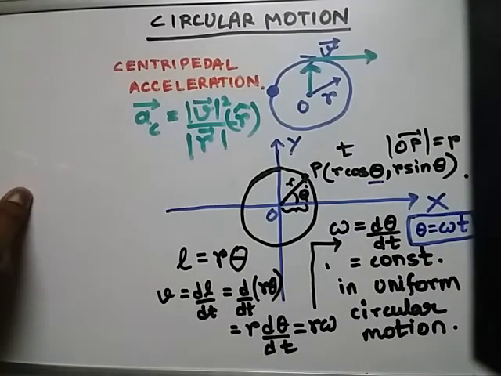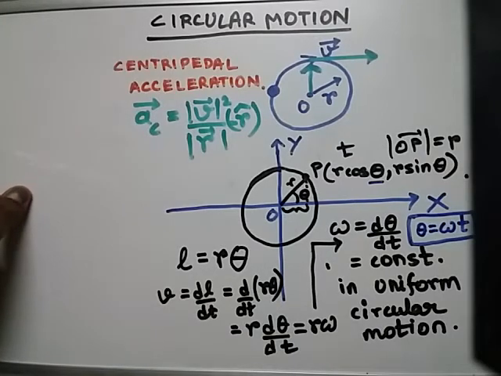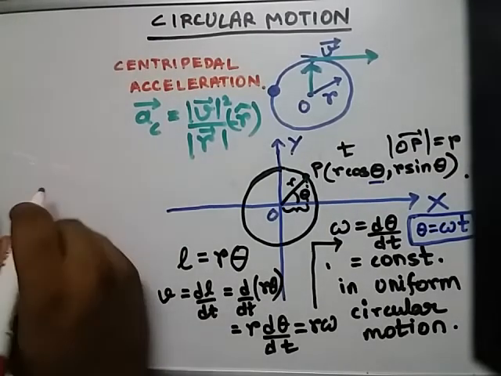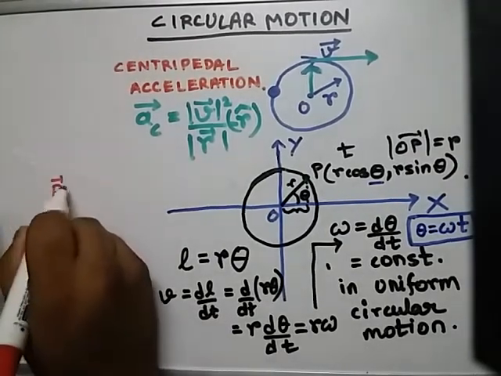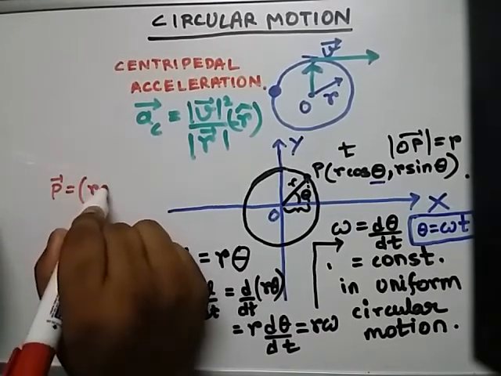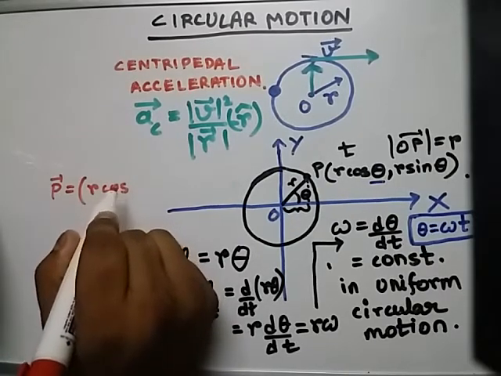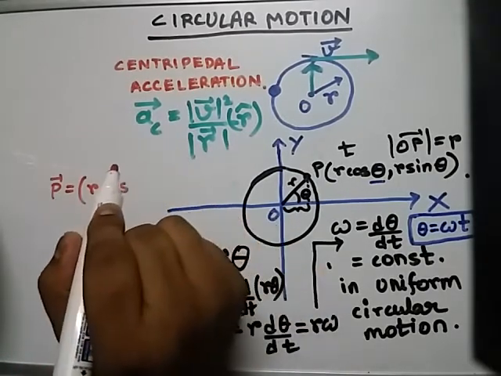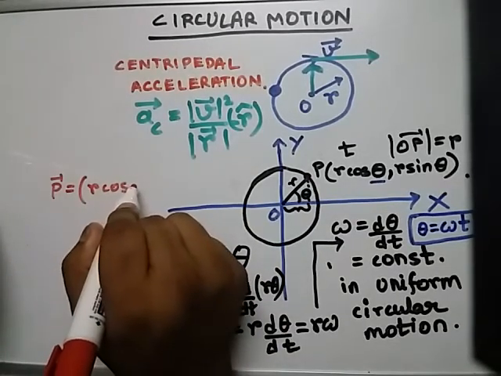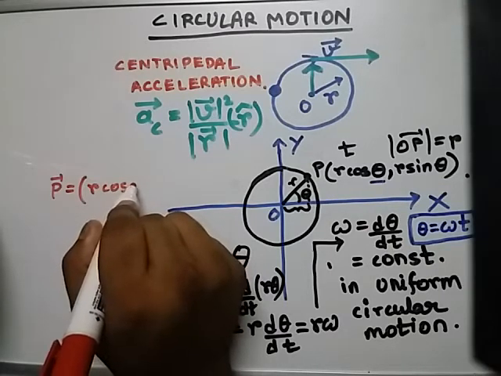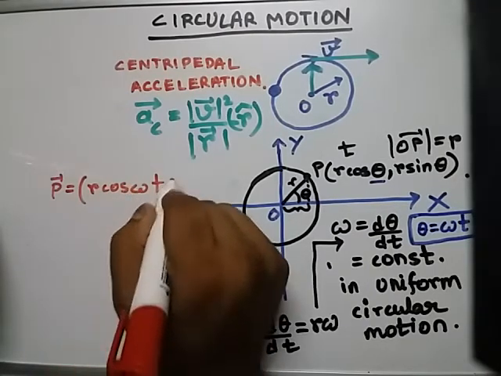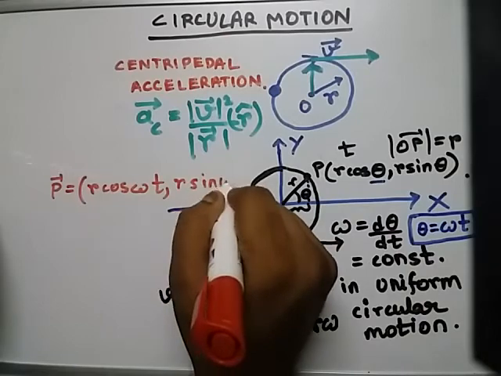Now the coordinates of P can be represented as R cos omega t and R sin omega t.